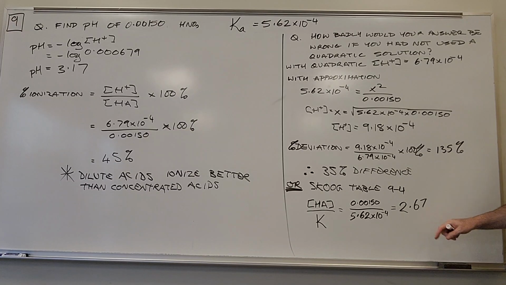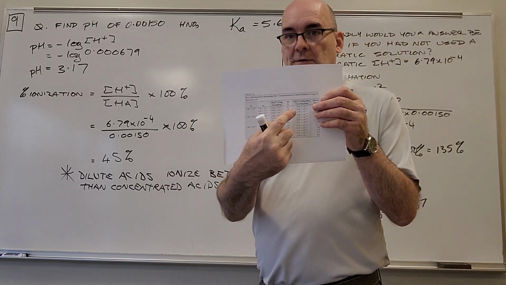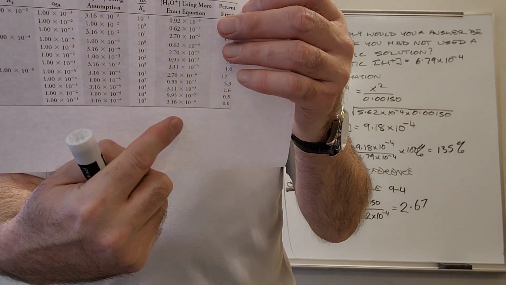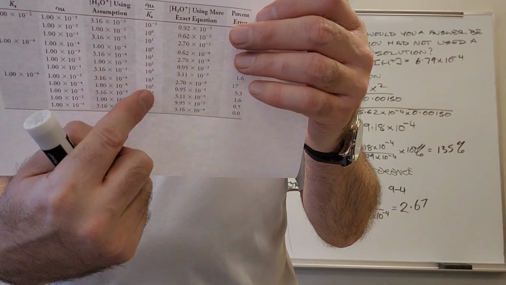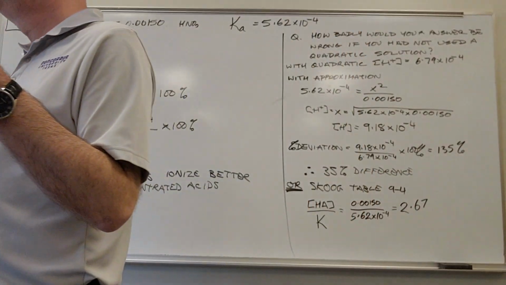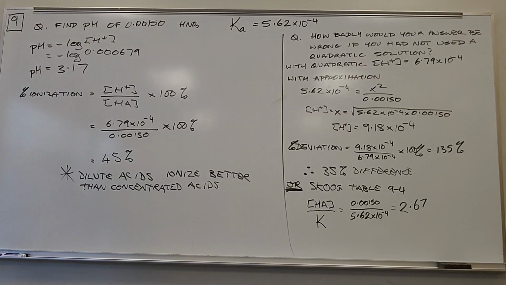So we find where in this table is 3. There is no 3. But there's a 1 and there's a 10.